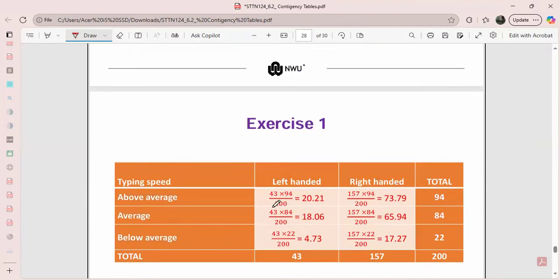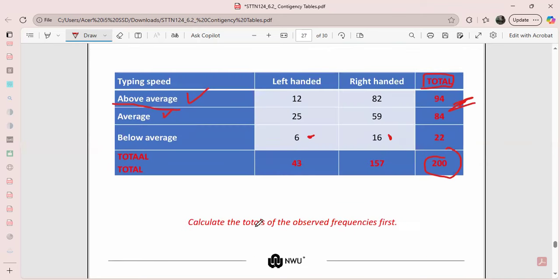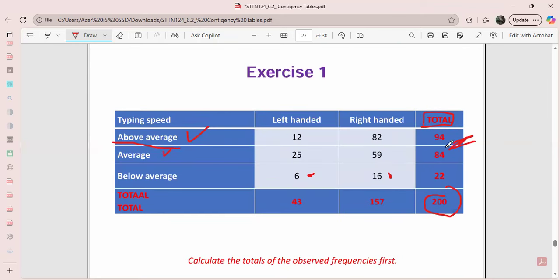You see, 43 multiplied by 94 divided by 200. Here it is. You get the expected frequency for this one. The minute I say 157 multiplied by 94 divided by 200, I'm getting the expected frequency for this one. The minute I'm done with this, I move to the average. I say 43 multiplied by 84 divided by 200, I'm getting the expected frequency for this one.